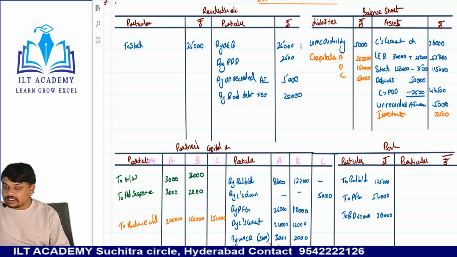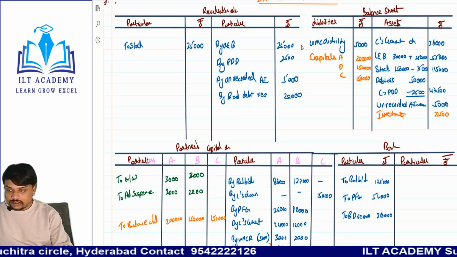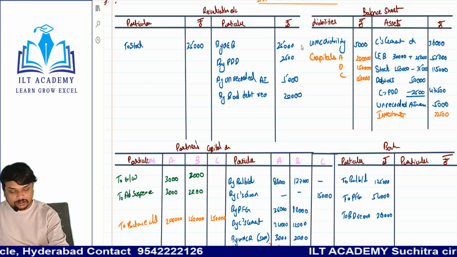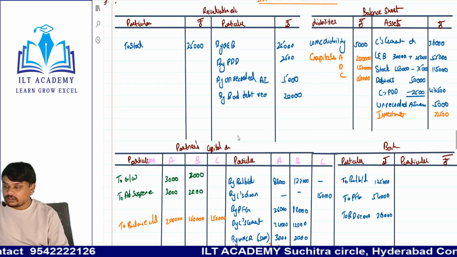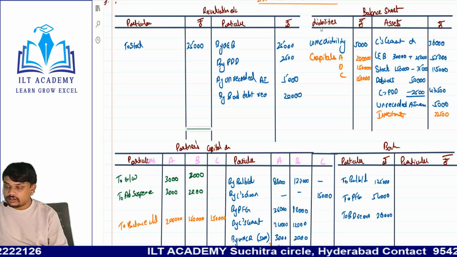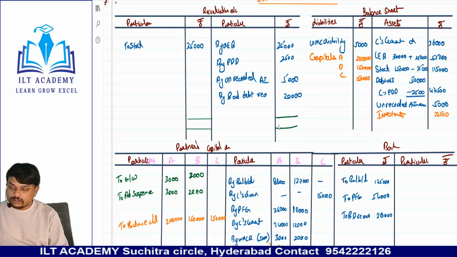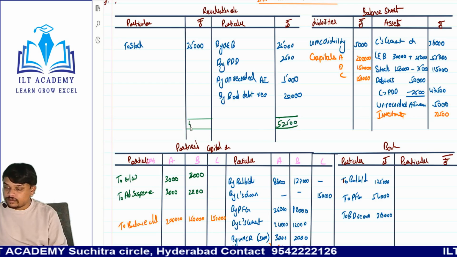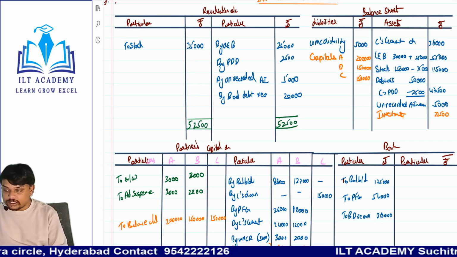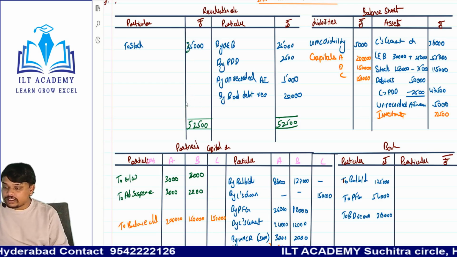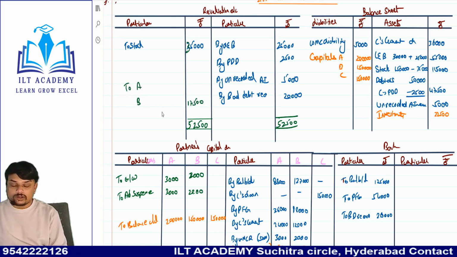Revaluation account. And revaluation, if you see now, 25,000 plus 20, 45,500, 52,500. 52,500. Now from 52,500, 35,000 removed, so 17,500 will be distributed among A and B in 3:2 ratio.